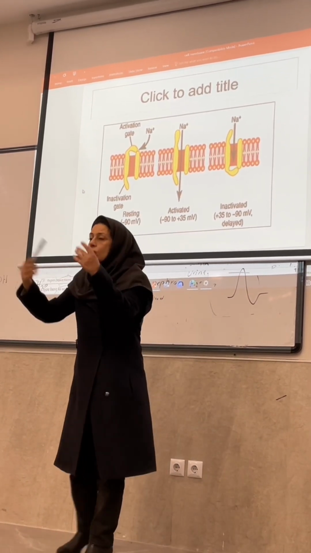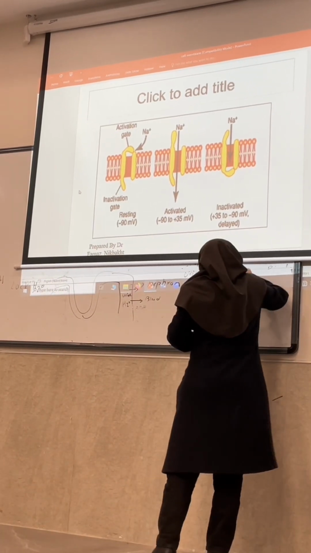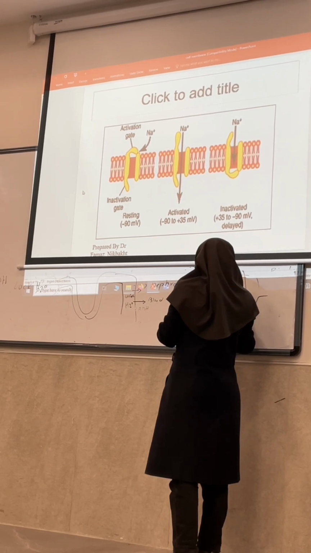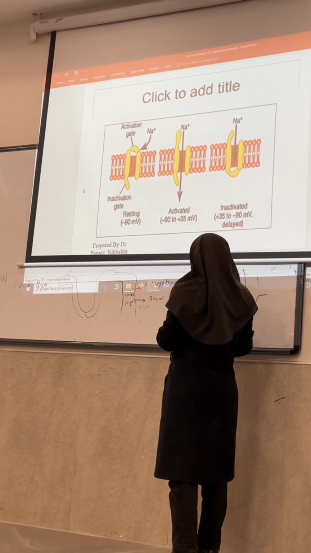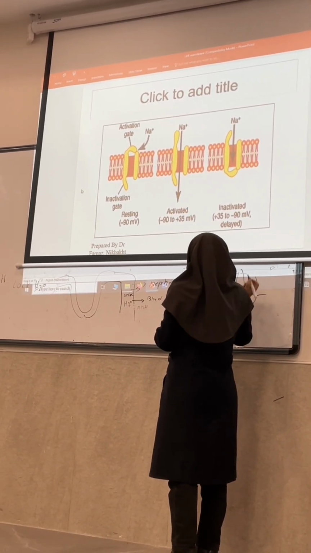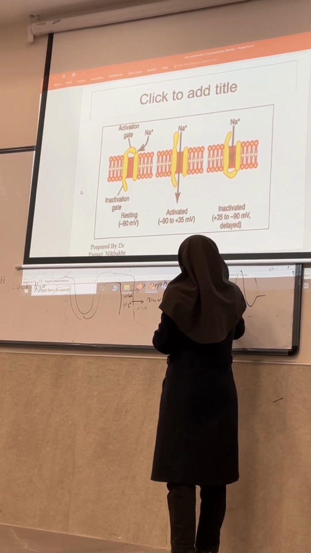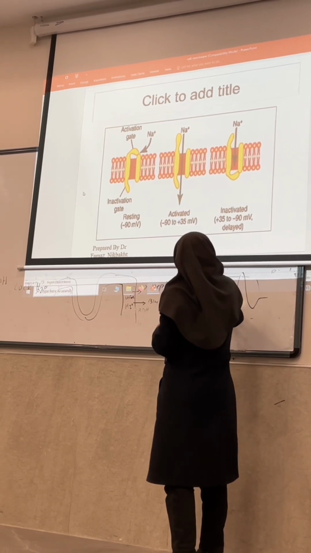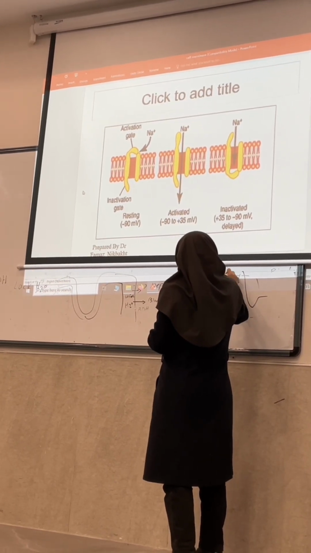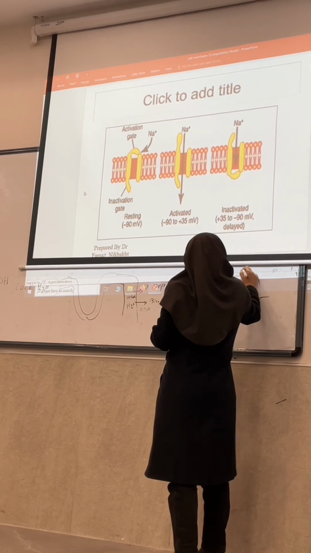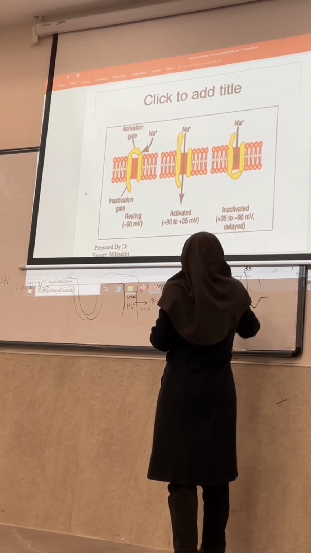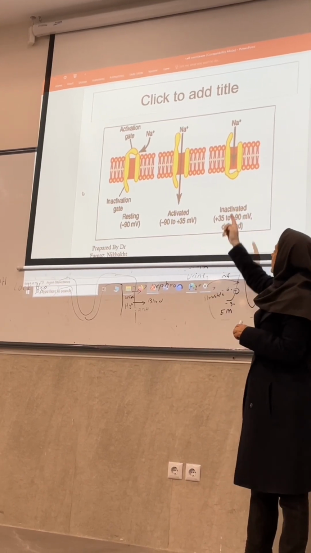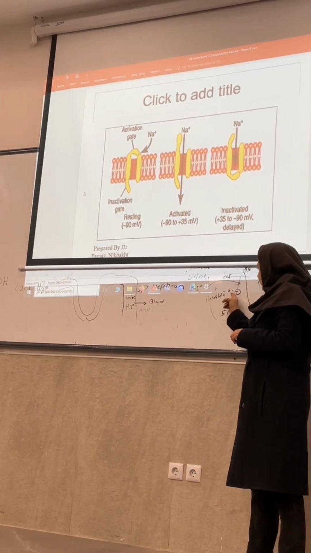Now a lot of sodium can enter. Here is the threshold. This is minus 90, the resting EM, and this is minus 60, for example, our threshold. At this part the gate is opened, a lot of sodium enters, and we have a sudden upstroke, up to minus 35.